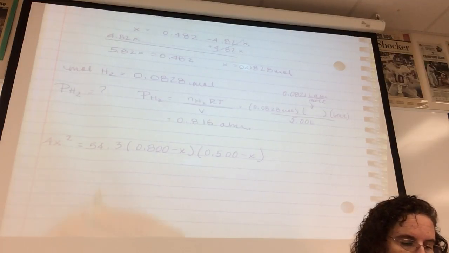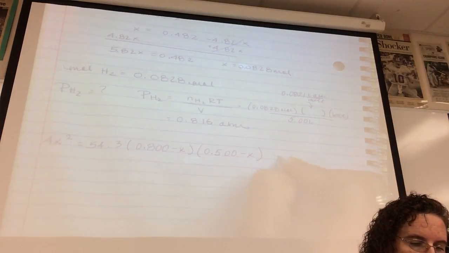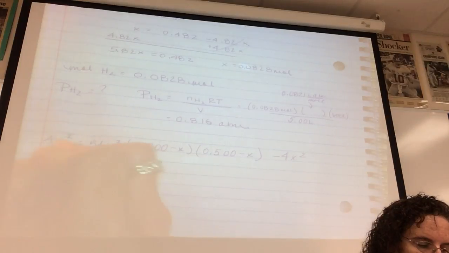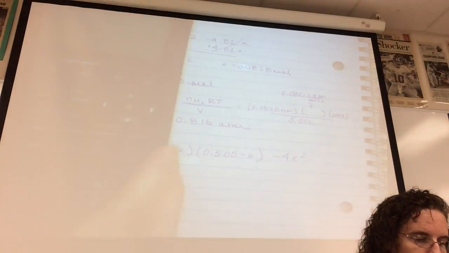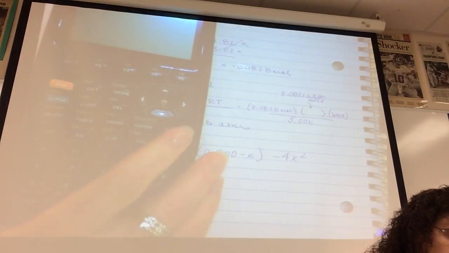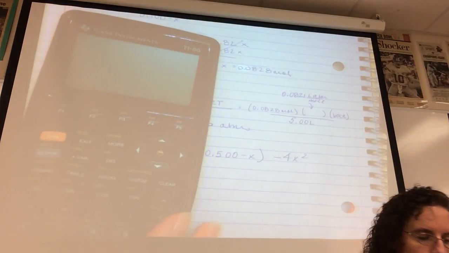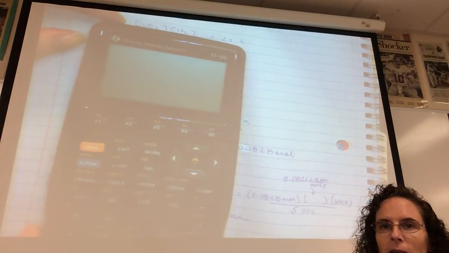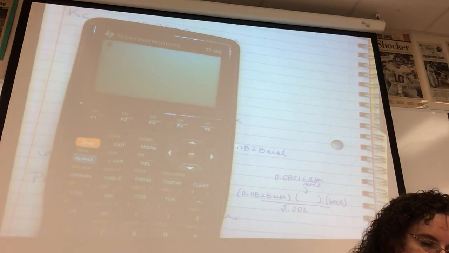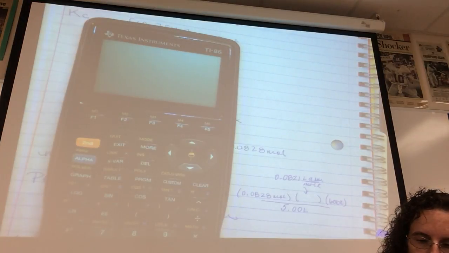Mm-hmm. And if I move this to the other side, I can just do this, and this is 0, correct? Okay, let's see if it works. My calculator is slightly different than yours. I'll try and talk you through yours if I can figure yours out. But I'll show you. Mine has a solver button. I think for some of you it's in the math functionality.